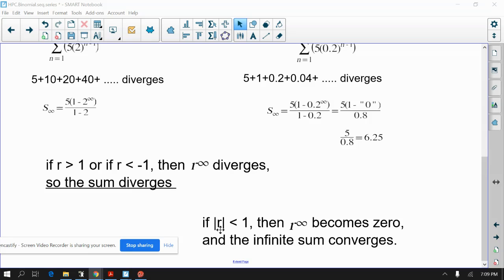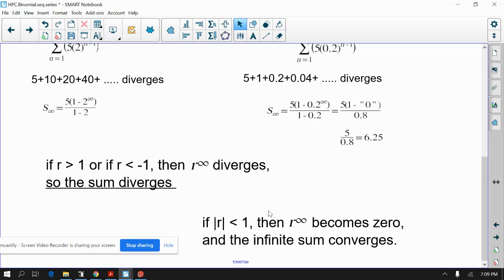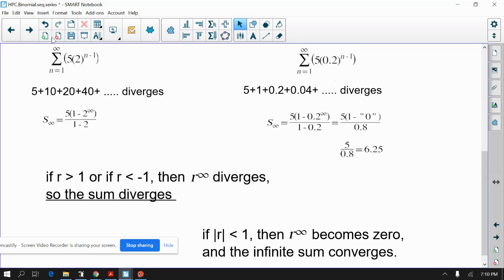But if the r value is between -1 and 1, so the absolute value is less than 1, somewhere in that range, then r to an infinite power will become 0, just like 0.2 raised to the infinite power is 0. And that means the entire series will converge, because 1 minus 0 is just 1, and you're just left with this 5, which is the a1 term.